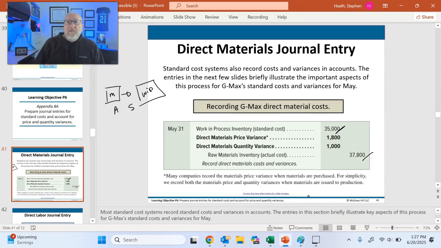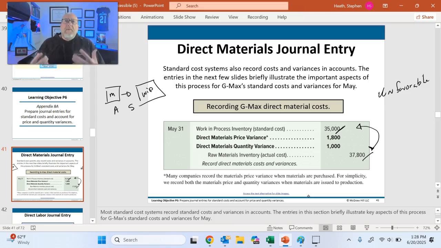Now, the difference between the standard cost and the actual amounts, as we can see in this example, right, our actual cost exceeds our standard. And so we are automatically saying, listen, at the time of transfer, there is an unfavorable variance, okay?